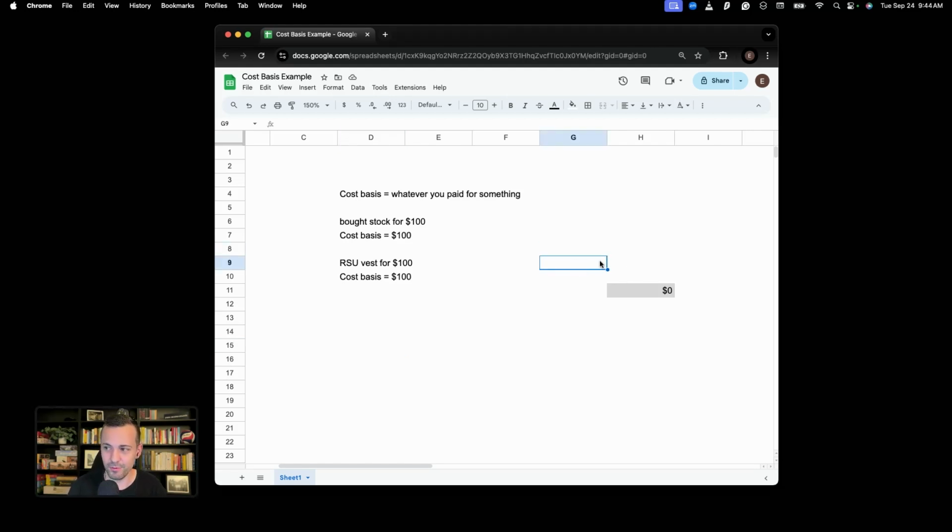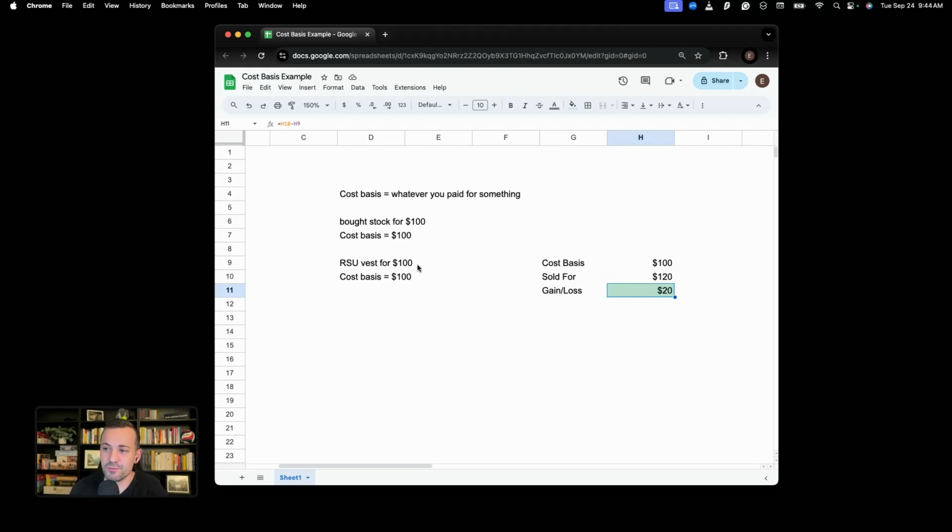So let's look at this. Let's say your cost basis on your RSUs is $100. And then let's say you sold for $120. So you'd have a gain of $20. Very cool. So usually this makes sense.